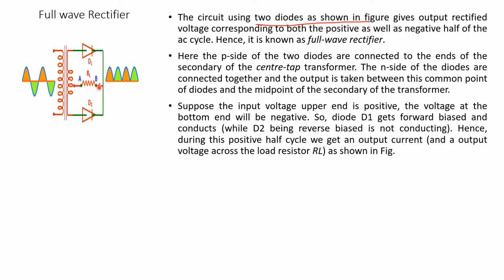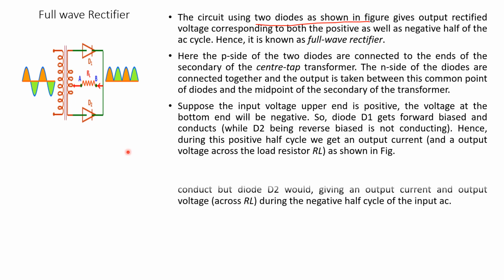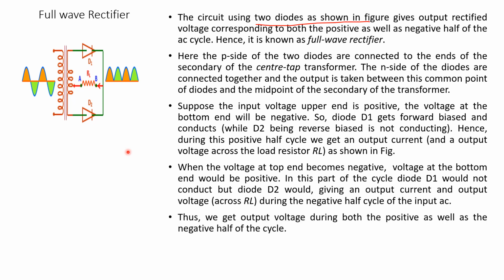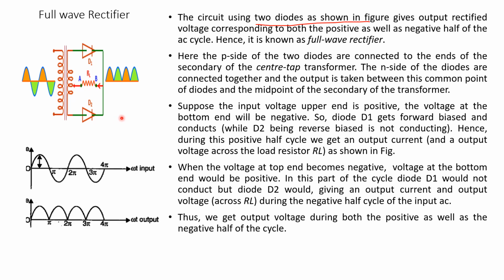Please note, current flows from B to A and to the center tap. Thus, we get an output voltage during both the positive cycle as well as the negative half of the cycle.